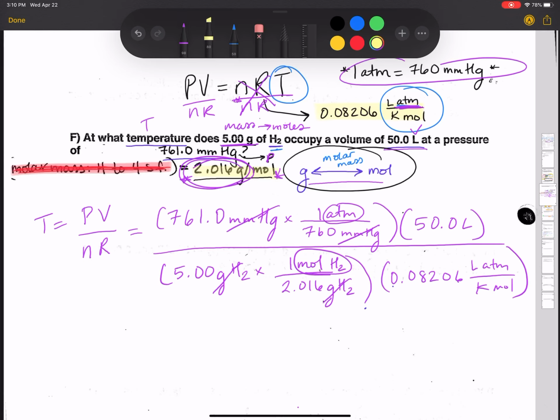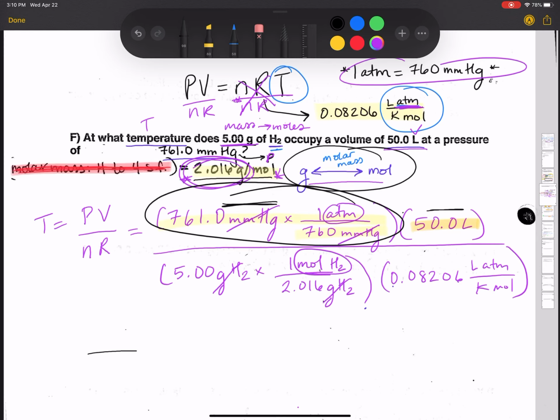What I would do is plug in 761 divided by 760, get my answer in units of pressure, before I then multiply that by my 50 liters. So I would get this part calculated first, get my answer for it, and then multiply it by the 50 liters. Then I would write down whatever my numerator is.